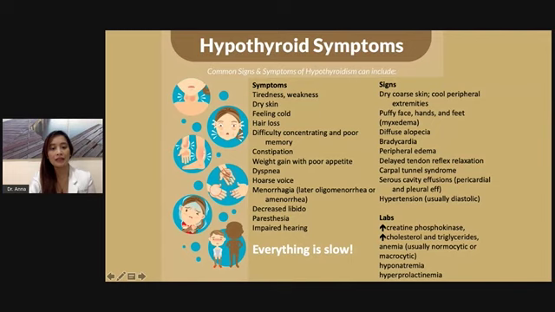Menorrhagia, and decreased libido. Decreased libido is essentially mediated by your prolactin in this case. Remember that in patients with hypothyroidism, these patients can have markedly elevated TSH and TRH at the same time. And remember that your TRH not only affects your TSH but also your prolactin levels.